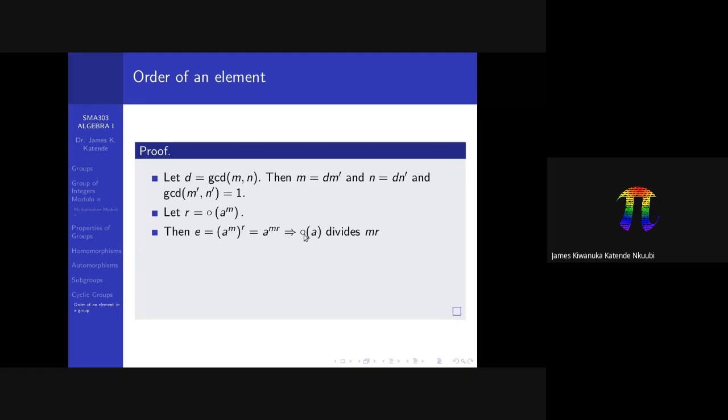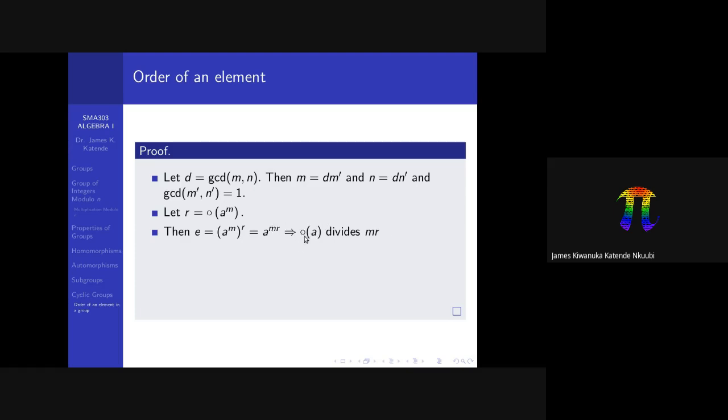And this means that the order of A itself must divide MR. There is a theorem you've just done today, which says if A raised to some integer is equal to the identity, then the order of A must divide that integer. We've just proved that in case you don't remember. So this result we are using here is from the previous theorem we proved.